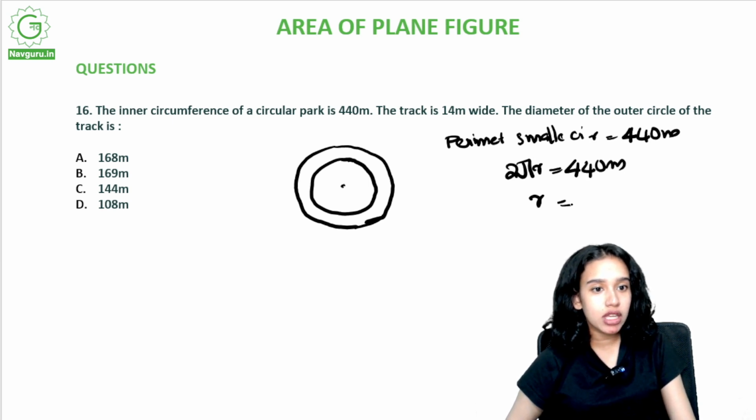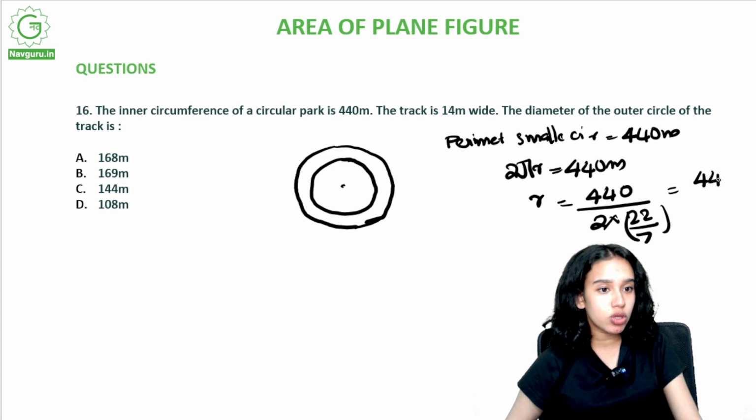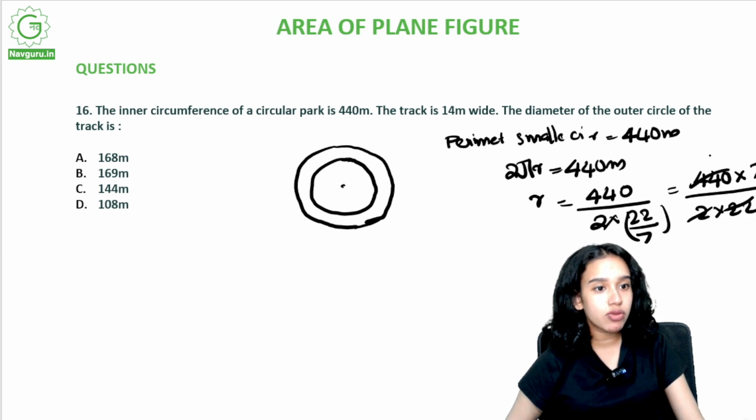So r would be equal to 440 divided by 2 into pi, which is 22 by 7. This is equal to 440 into 7 divided by 2 into 22. So 2 into 22 is 44, so 10. So radius of the smaller circle is 70 meters, right?